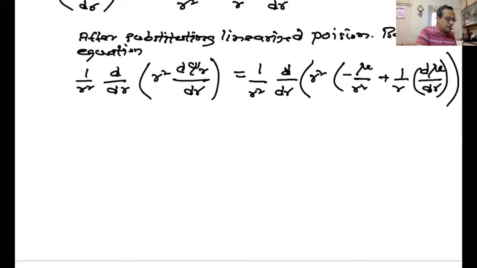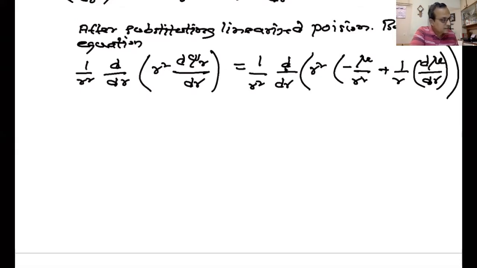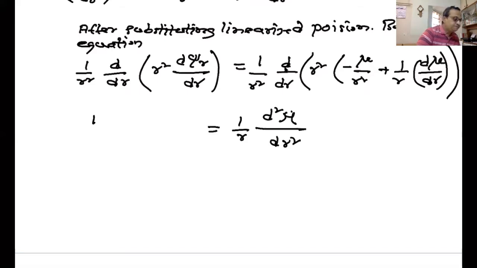Okay, it's a simple derivative you have to evaluate here, and if you do that, what you get is 1 upon r d2 mu by dr square.